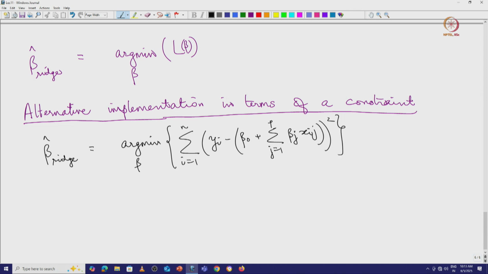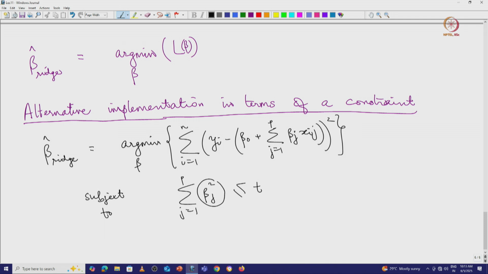So we would just minimize this subject to a constraint which says that if you sum over the squared values of the parameters, then that should be less than or equal to t.